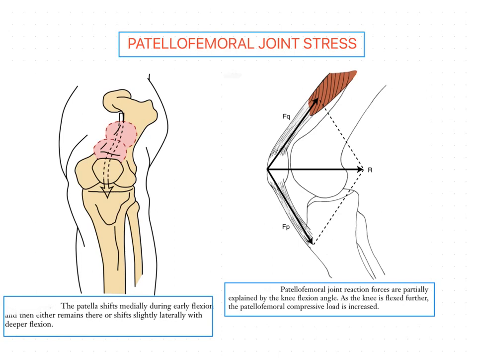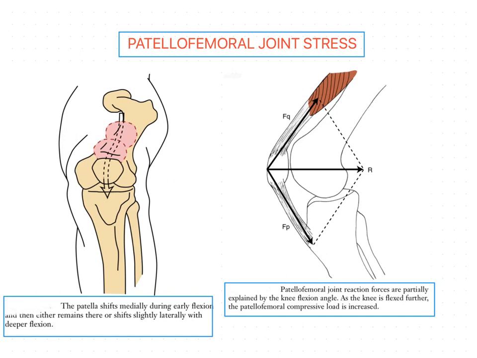So, the patellofemoral joint can undergo very high stresses during typical activities of daily living. The joint stress, meaning the force per unit area, can be influenced by altering either joint forces or joint surface contact area.